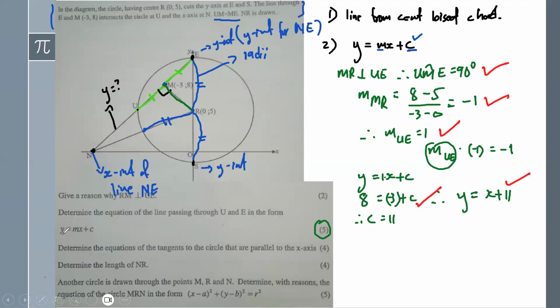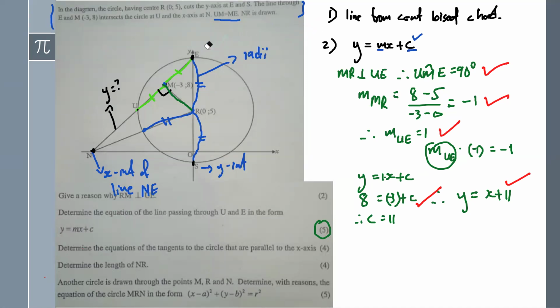Okay, that is that. Now, the equation of the tangents, we're not going to throw this away, but because I need space on my screen, I'm going to get rid of it, but I hope you have taken note of that or written it down somewhere. The equation of the tangents to the circle that are parallel to the x-axis. Now, remember I had said we probably are going to need to find the y-intercept.